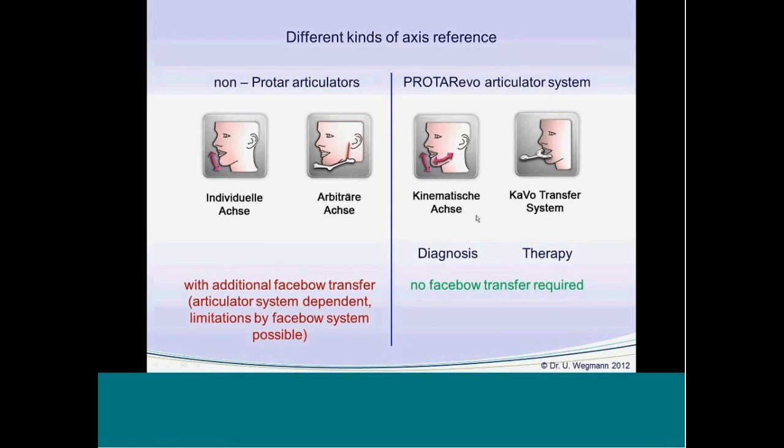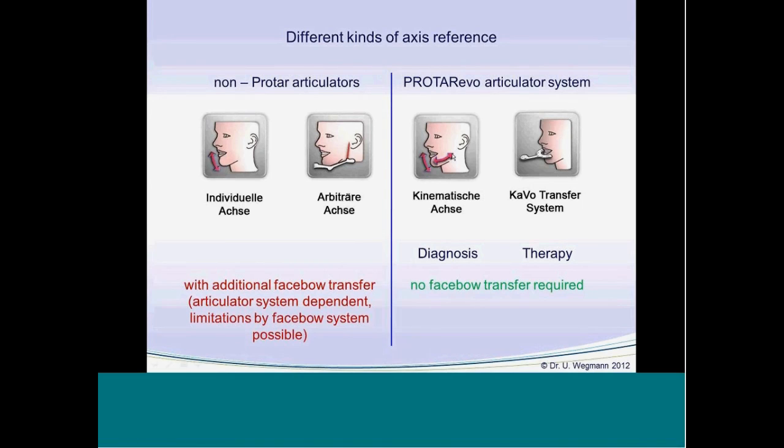reference axes. The first one is a kinematic axis. It's an individually located reference axis, but this one comes from different physiological movements and is a functionally calculated axis point.